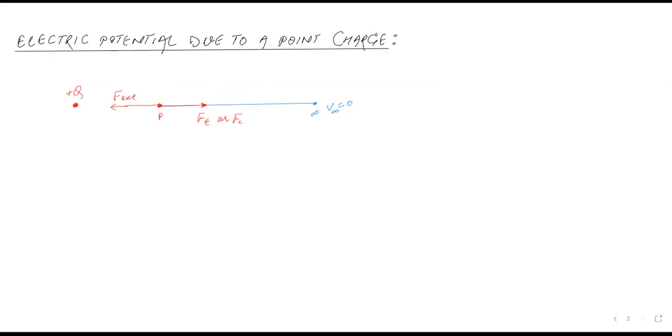The separation between the charge and the point P is again R. We have an infinitesimal element, which is your dx. Are you clear?